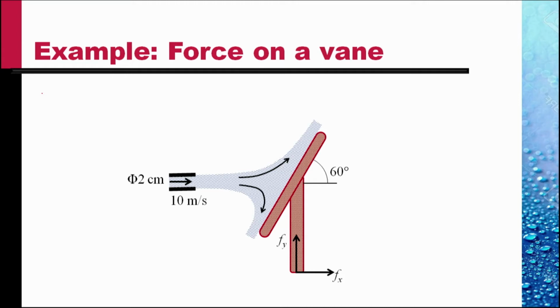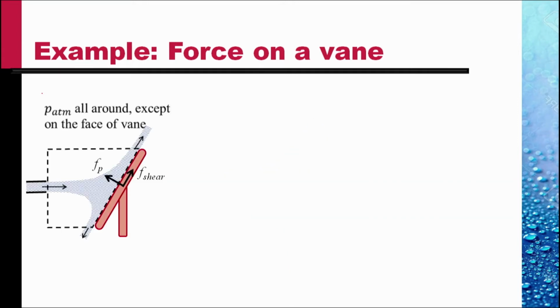Now to determine Fx, we need to write the x component of the momentum equation, and to determine Fy, we need to write the y component of the momentum equation. What control volume do we choose? We could choose a control volume like this, where the control surface runs next to the vane.